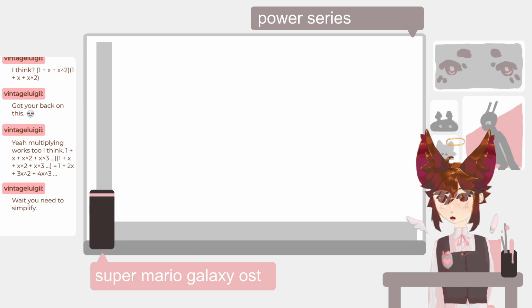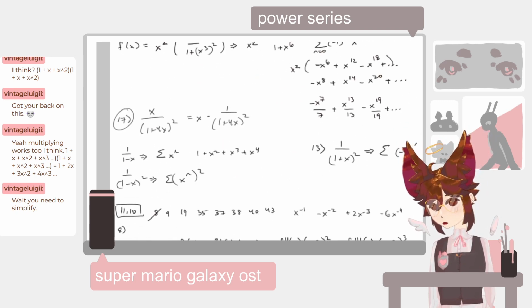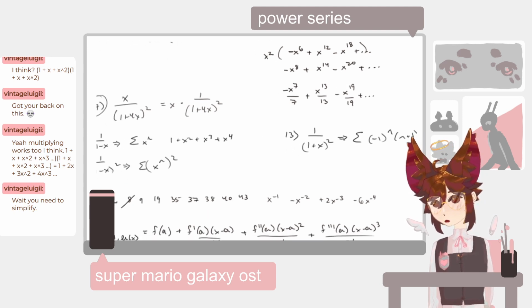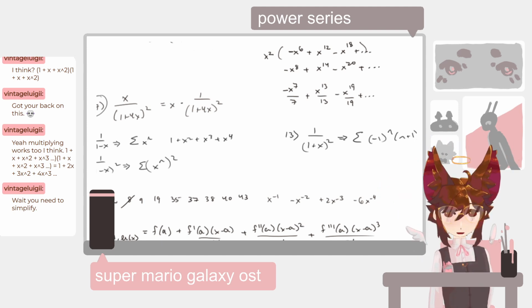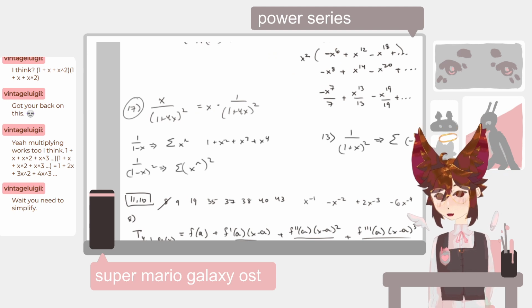I didn't write it anywhere, apparently. It's saying it's negative 1 to the n. Okay, it's a lot closer. Oh my god, I'm going insane.